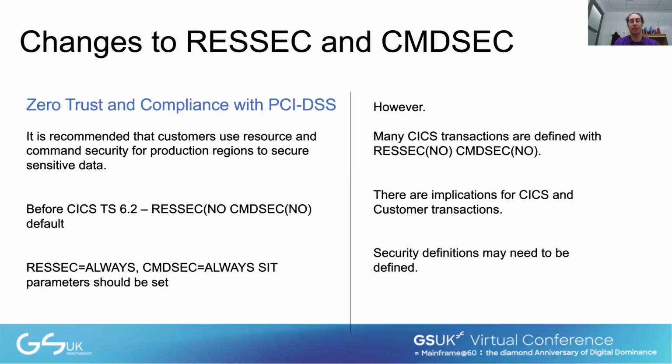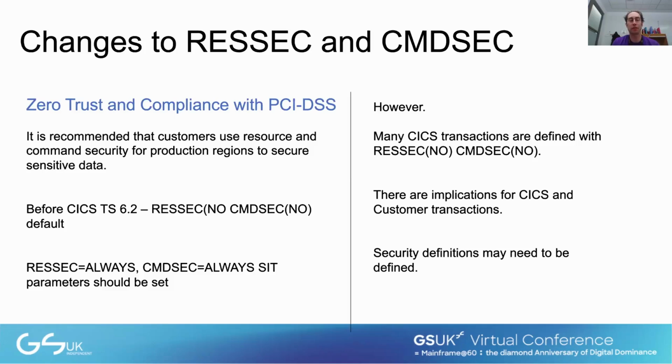And in the SIT, our default for ResSec and CommandSec is as is, which means use whatever is on the transaction definition. So that results in many, many transactions not doing security checks, even if you enabled the SIT parameters to add in that type of check.